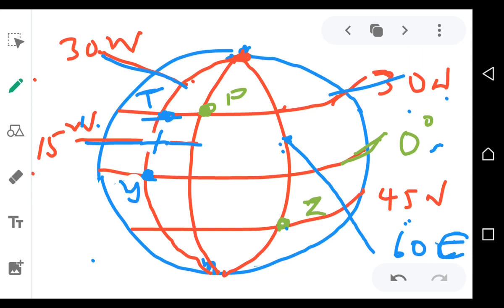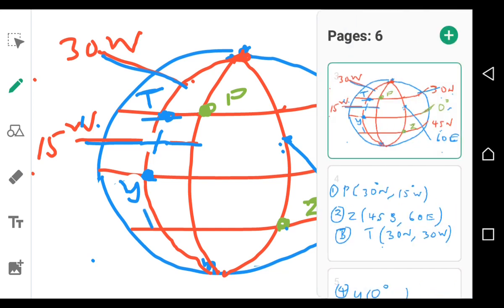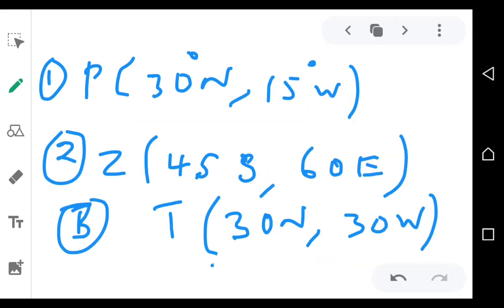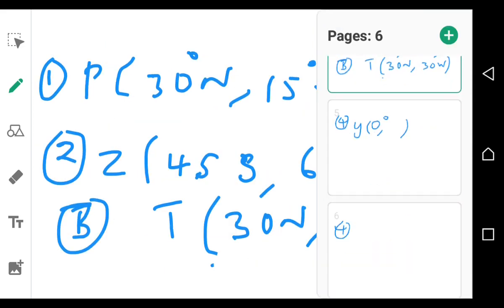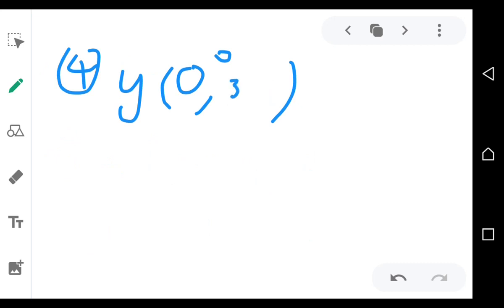There's one going to 0, the other one is coming from 30 degrees west. So it is 0 degrees, comma, 30 degrees west.